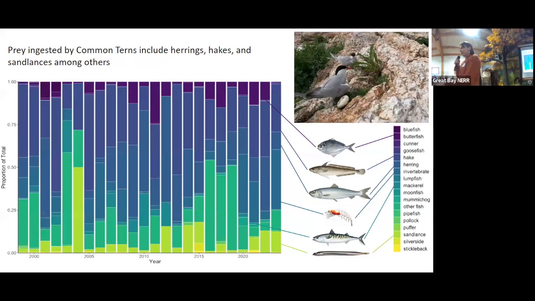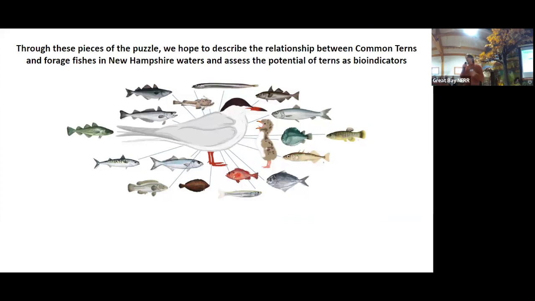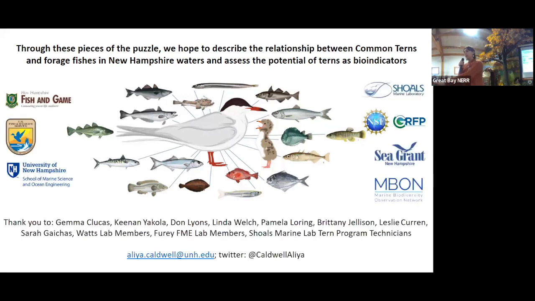These are the kinds of things we're trying to look into. Eventually we will piece those pieces of the puzzle together with all of the information we're gathering about the prey environment. We hope to be able to describe the relationship between common tern diet and movements and the prey environment, and hopefully understand how we might use terns as monitors for fish populations.